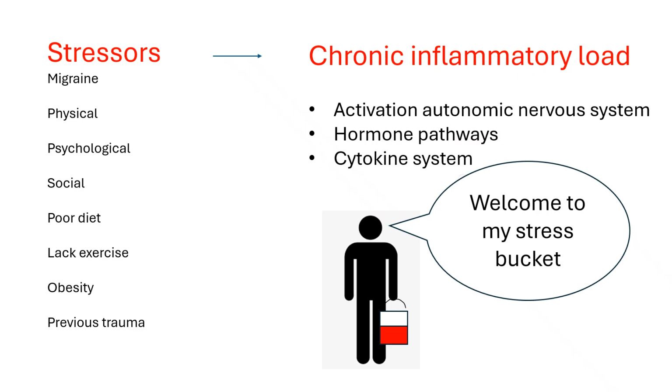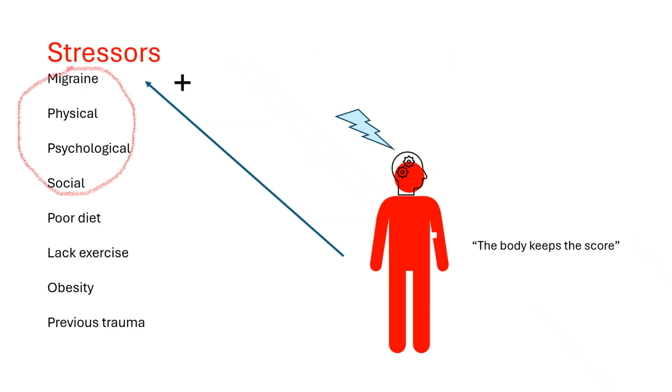We all carry our stress buckets around, and as these become too full, they overspill and impact upon our cognitive and control functions. This load is held in the body. The body keeps the score. And this in turn feeds back on our body control mechanisms, which exacerbates our migraine, leads to more psychological and social problems, and the whole thing takes off in a glorious positive feedback loop.